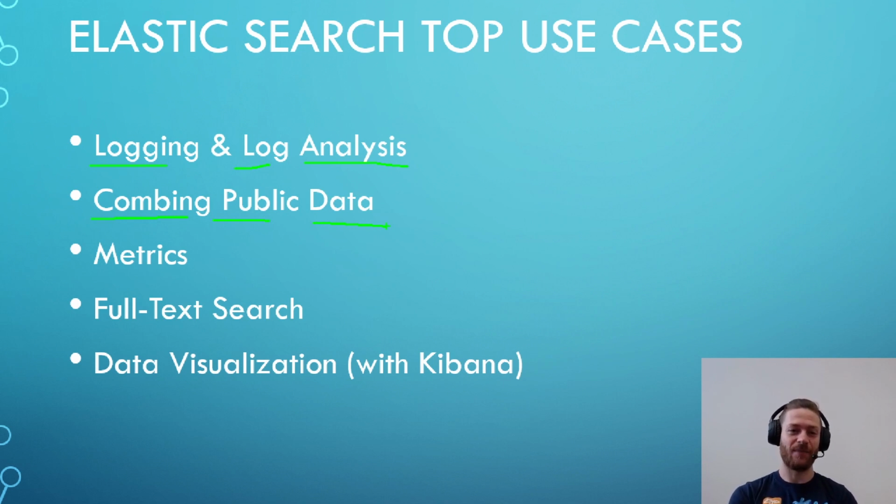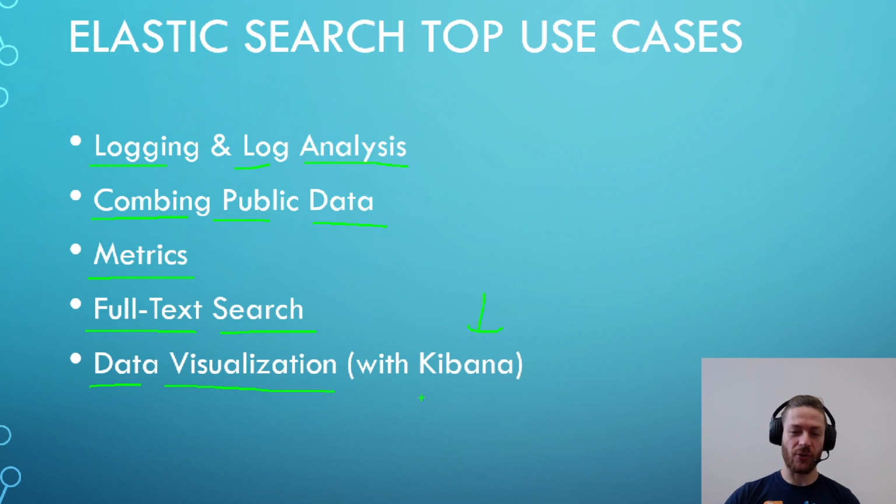is super fast. You can use Elasticsearch for metrics. If you have lots of information around metrics and analytics, you can easily use Elasticsearch. Like I said, you can use it for full text search because it's super convenient and super fast to search with Elasticsearch. And finally, you can use it for data visualization with a plugin called Kibana.